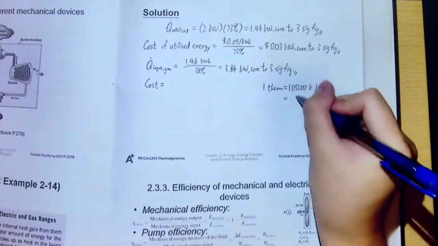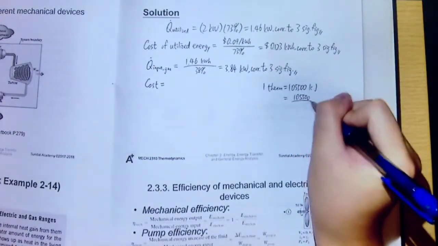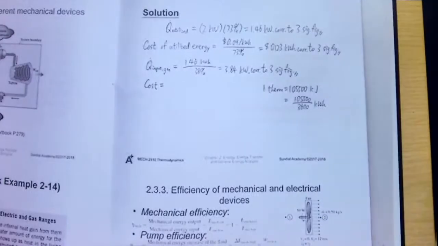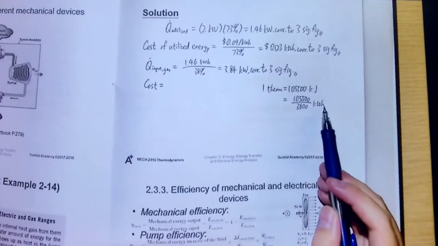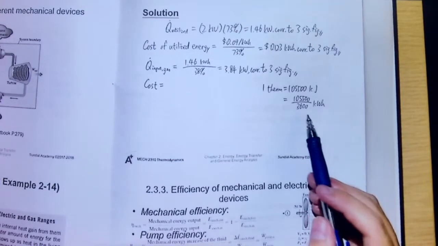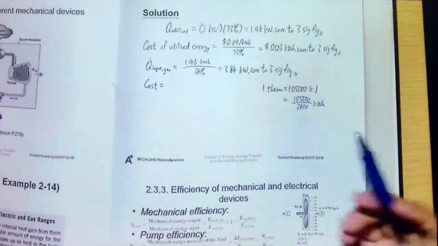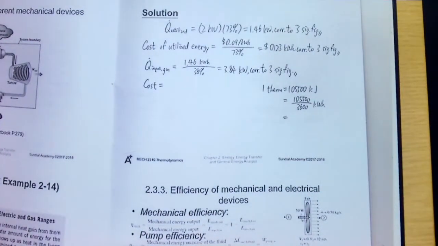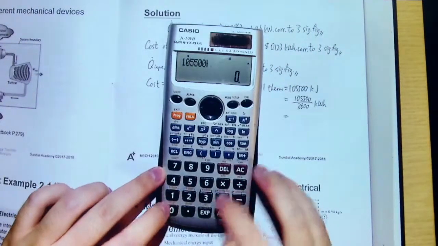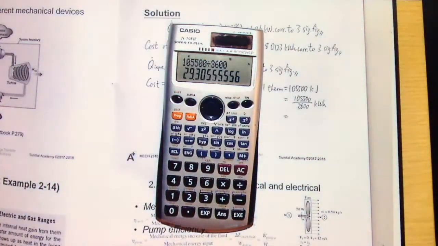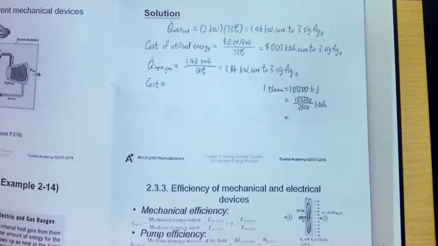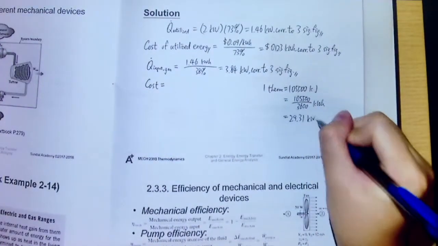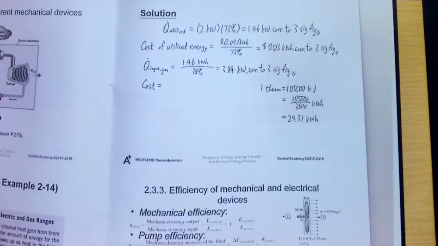We just divide this by 3600, because 1 hour is equal to 3600 seconds, so we have joule per second, which becomes kilowatt. And then 105500 divided by 3600, we get 29.3. Let me take one more value, so it becomes 29.31.